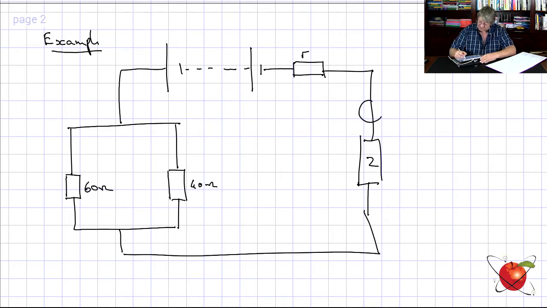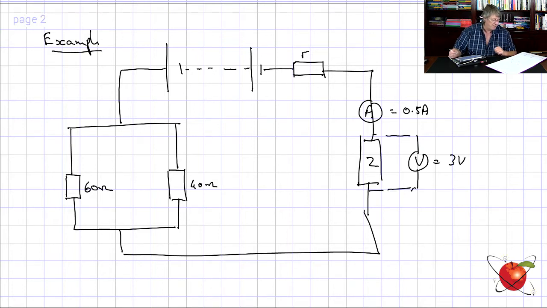There's an ammeter over here, and they say that is 0.5 amps. Across here there's a voltmeter, and that's 3 volts. And they say the EMF of this cell is 18 volts.